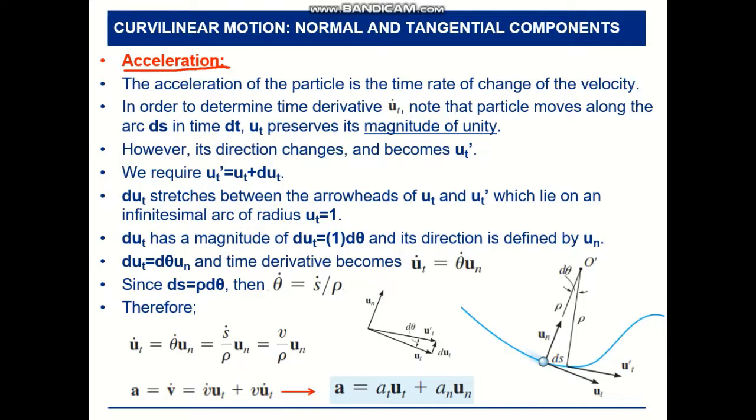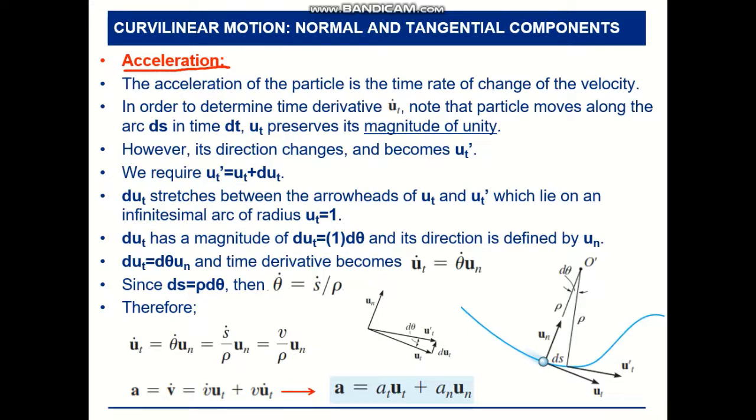So when the time changes, the velocity along the curve changes from here to here. This is the tangential direction for this point, but when it comes to this point, the direction has changed, so we need to take this into account.